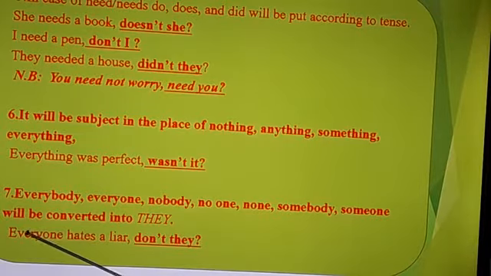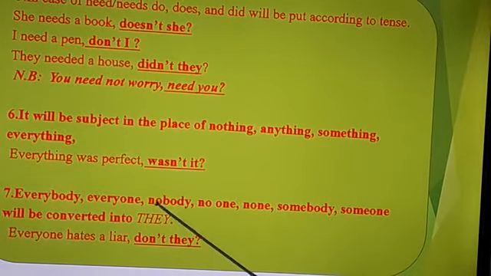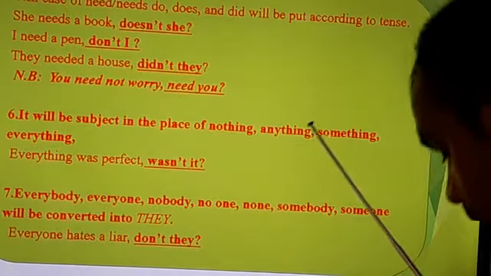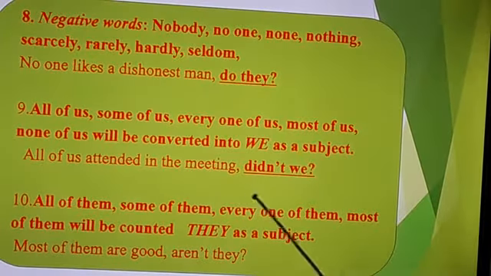Dear listeners, everyone is generally used as a singular number. That is, everyone hates a liar. But in the tag form, we have to count it as plural. I mean, you have to take they. And according to they, you have to use the tag, that is, don't they.